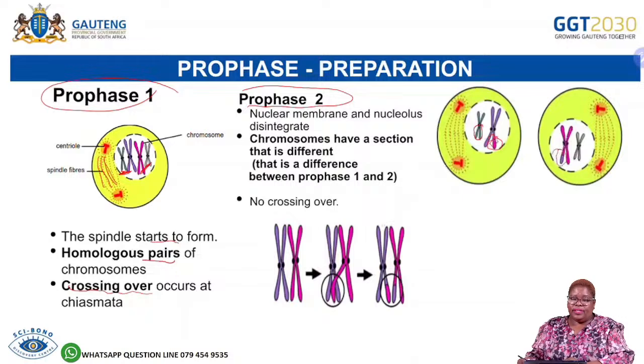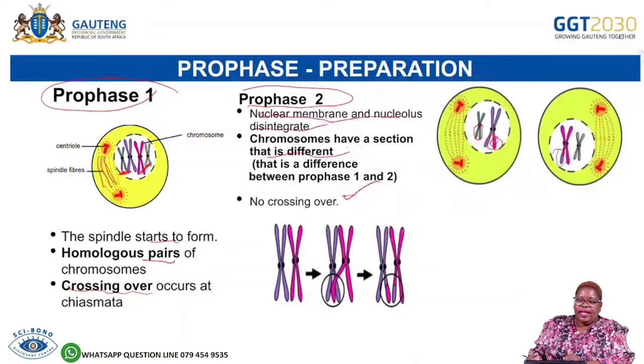So prophase 2 differs from prophase 1 because in there, the nuclear membrane and nucleolus start to disintegrate. Chromosomes have a section that is different. Those sections are different compared to prophase 1. There is no crossing over here.